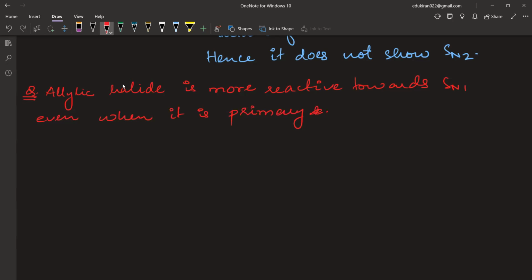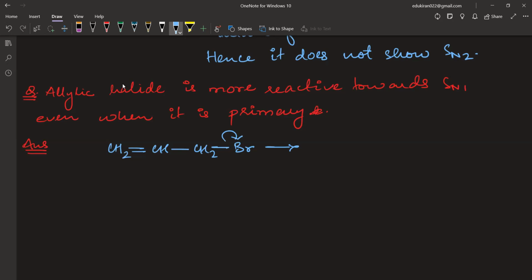That means if you have something like this, CH2 double bond, CH single bond, CH2 Br. Then what is happening?